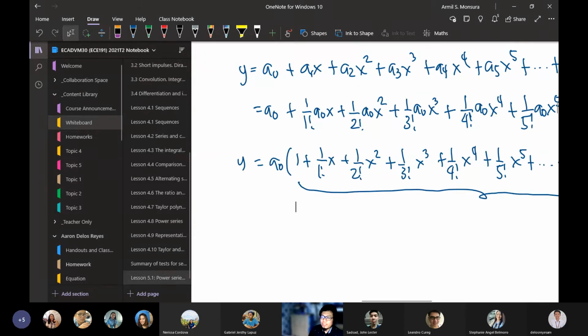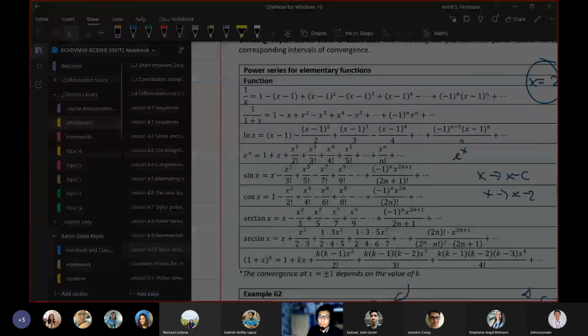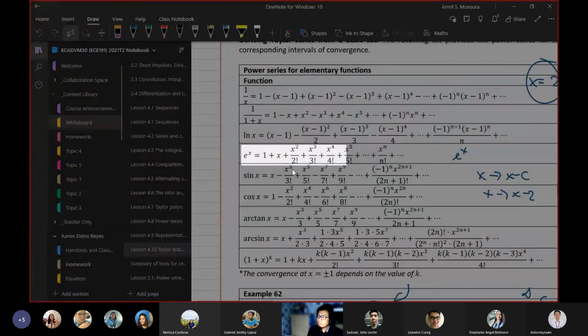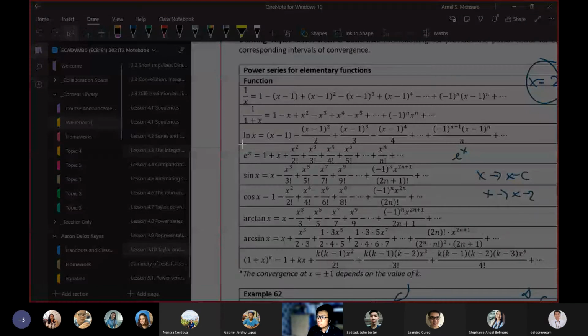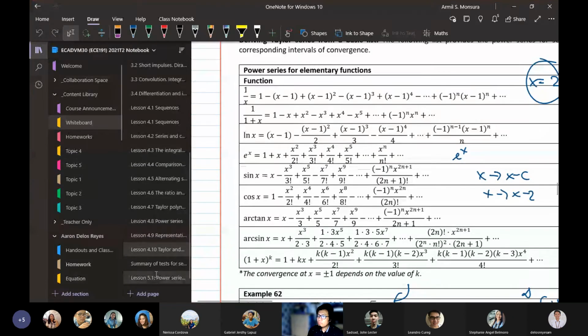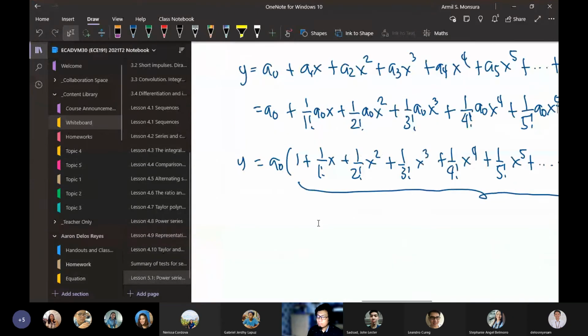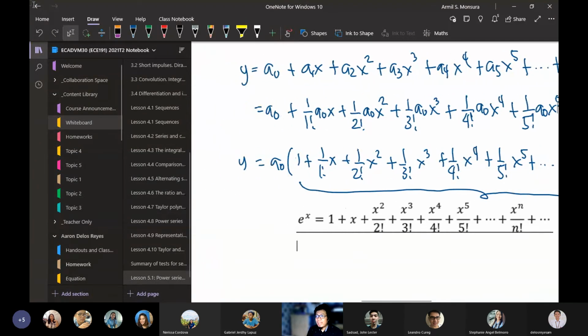Okay, para nga makita nyo, i-screenshot natin. Yan. Diba yan yung pattern na hinahanap natin?